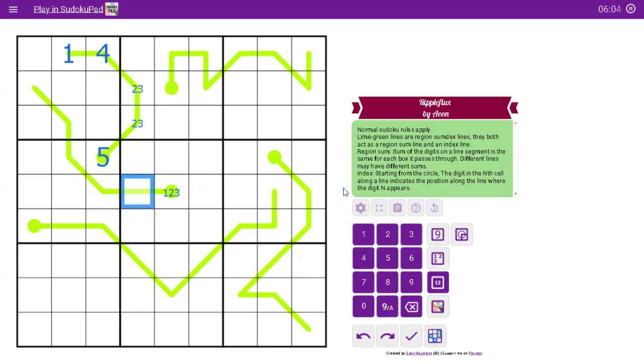Yeah, and this is interesting because remember, this can only be 1, 2, 3, 4, 5, 6, right?